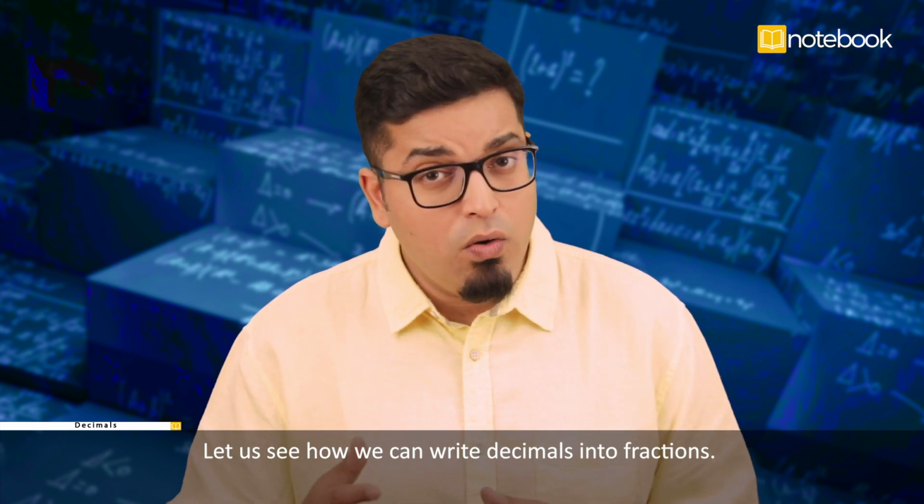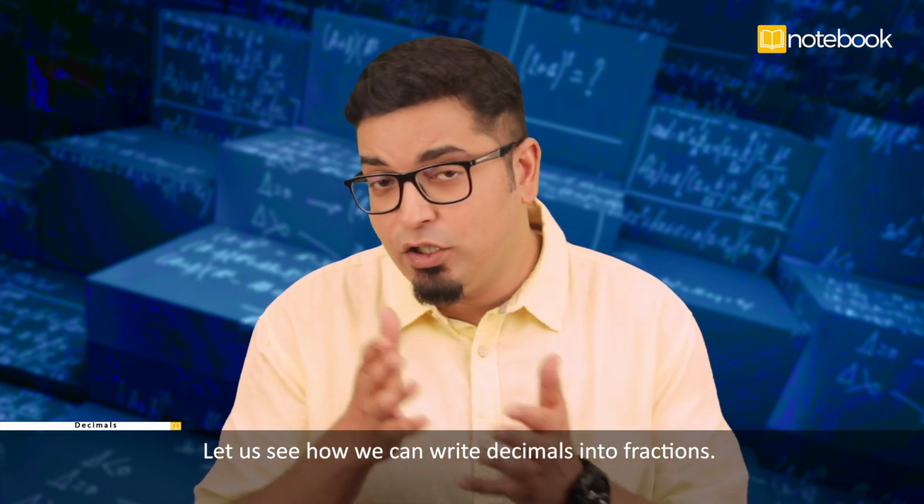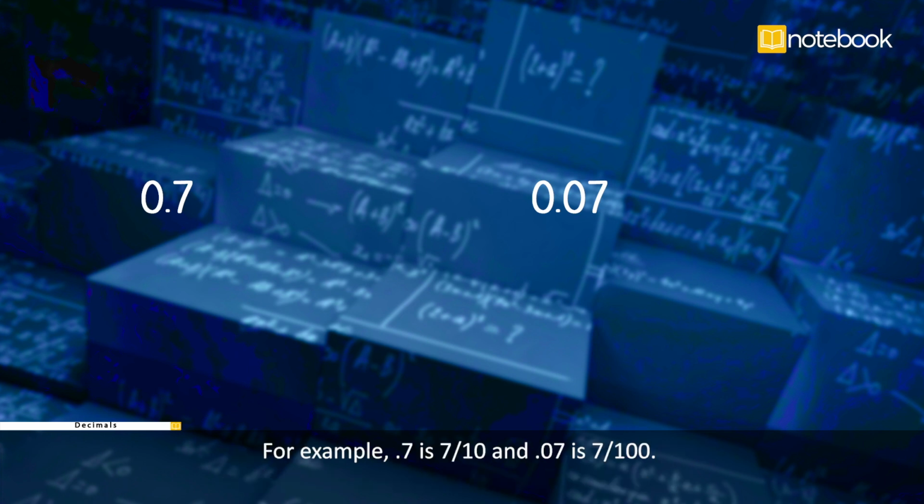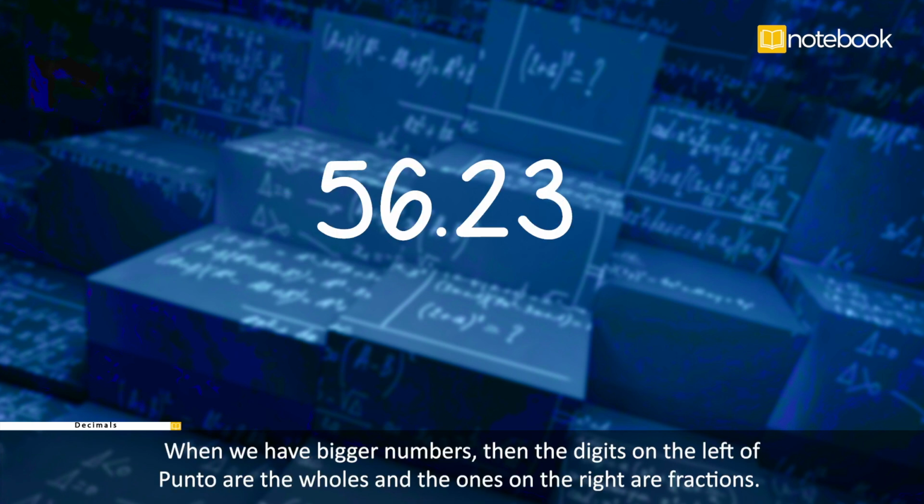Let us see how we can write decimals into fractions. Since decimals are fractions, a decimal number can be written as a fraction with base 10 or 100. For example, 0.7 is 7 by 10 and 0.07 is 7 by 100. When we have bigger numbers, then the digits on the left of punto are the wholes and the ones on the right are fractions.